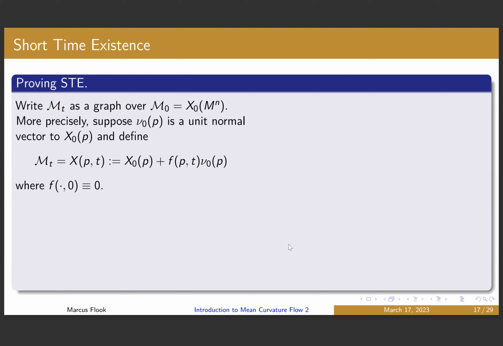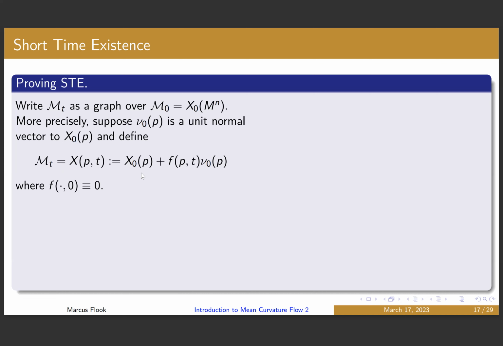So let's make this precise. Writing a graph of the, so we want to write the embedded hypersurface as a graph over the initial embedding. More precisely, we can suppose that ν0 is a unit normal vector to the initial embedding. We'll define the perturbed hypersurface by this function here.